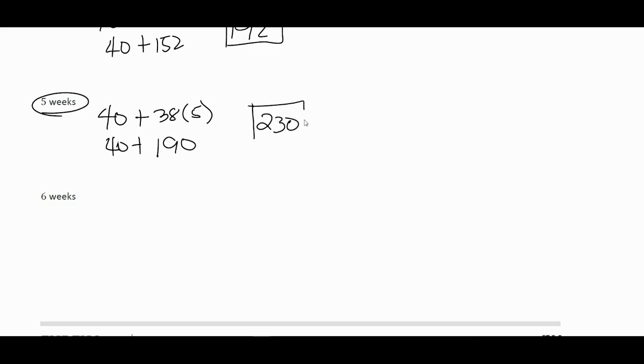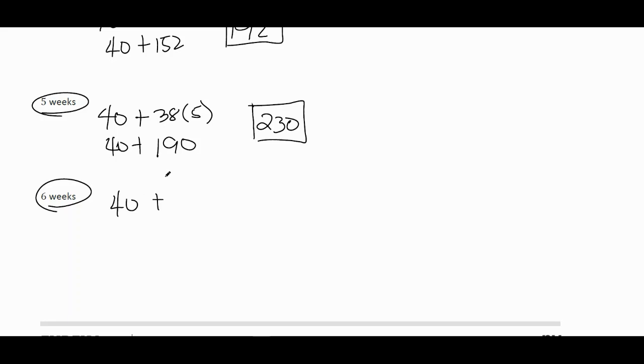So we're going to have 5 weeks. Next we have 40 plus 38 times 5. So 38 times 5 is going to be 190. So 40 plus 190 is 230. Probably the next one is the one that we are looking for.